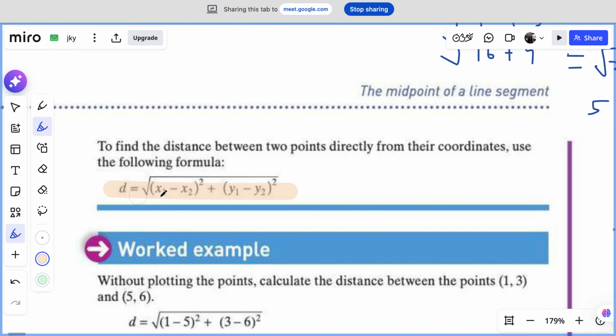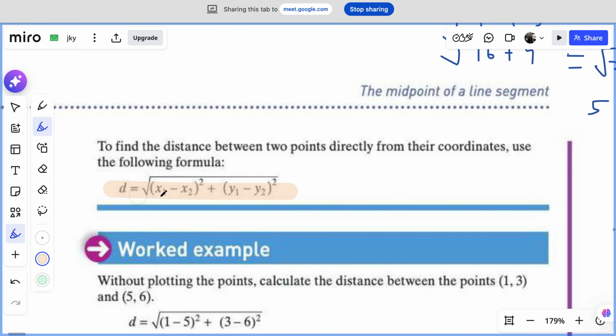So for the distance between 2 points, please put the formula in your mind. It's very easy. x2 minus x1 squared plus y2 minus y1 squared, all square root. So this one, you find the difference, which is 4. 4 squared will give us 16. Remember that. Plus this one, we have 6 minus 3.